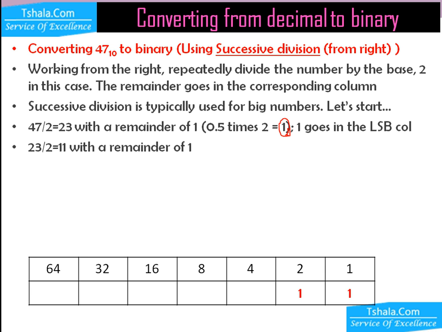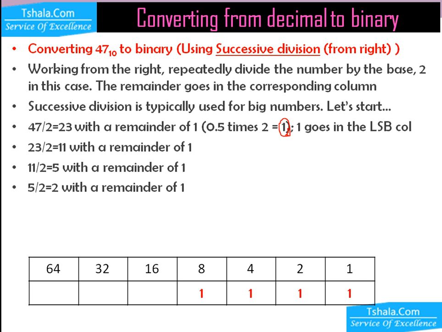And then we write the 2 in the column headed 2. We repeat the same again. 11 divided by 2 is a 5 with a remainder of 1. We write 1. 5 divided by 2 is a 2 with a remainder of 1 in binary.